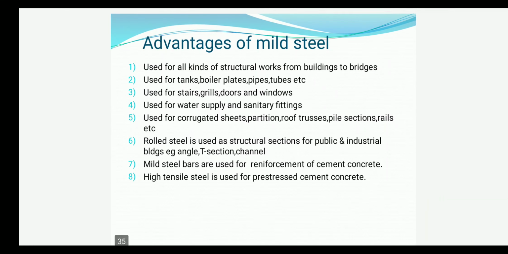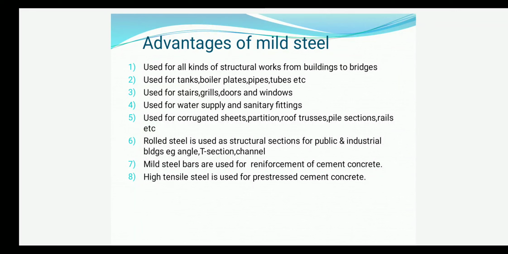Now, as there are advantages of mild steel, it also has some disadvantages. When it is exposed to wet climate and the action of gases, it loses its strength and deforms at high temperature. So care should be taken when it is exposed to wet climate.